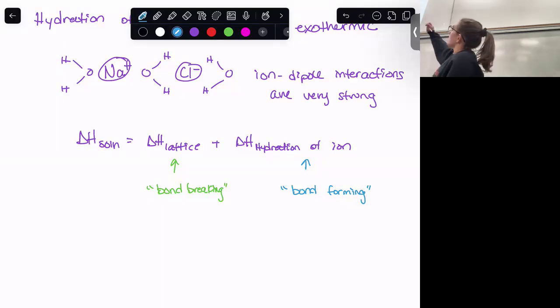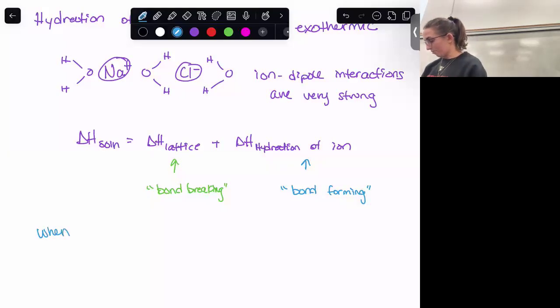So what makes delta H of solution negative? Yes, right? So when the delta H of hydration of the ion is releasing more energy than is required to break that ion in the first place, we now have a negative delta H of solution, right?